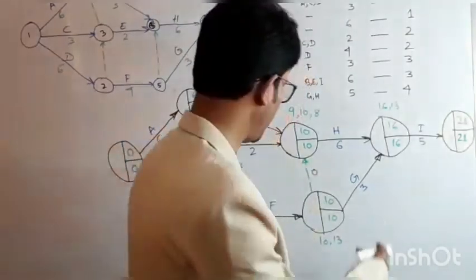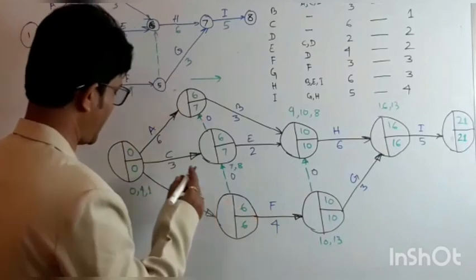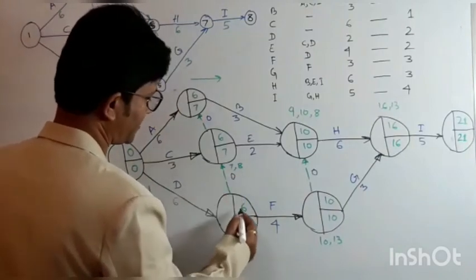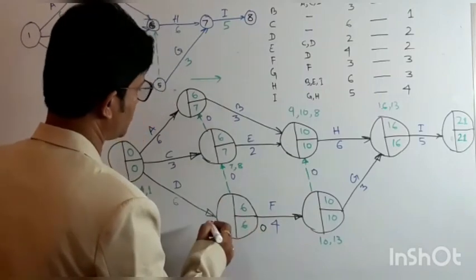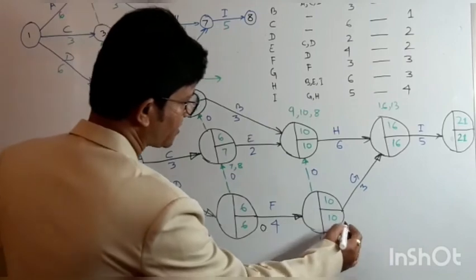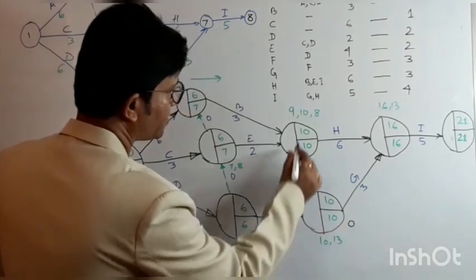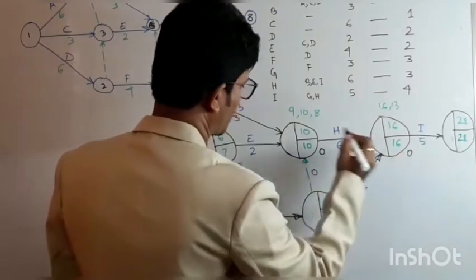So from this analysis we will find the activities with 0 slack. So this is the activity with 0 slack, LET minus EET is 0. Again this is the starting point, and this is an activity with 0 slack, and this, and this.